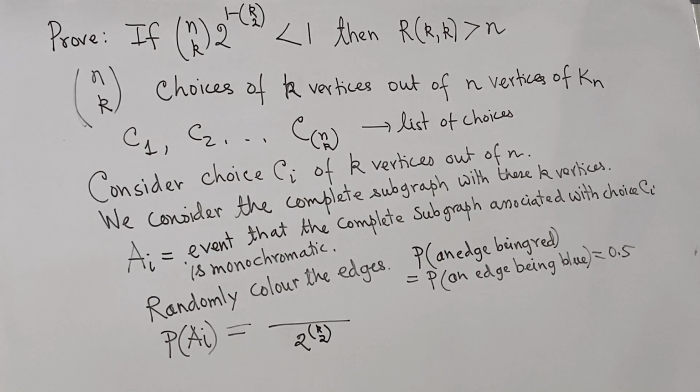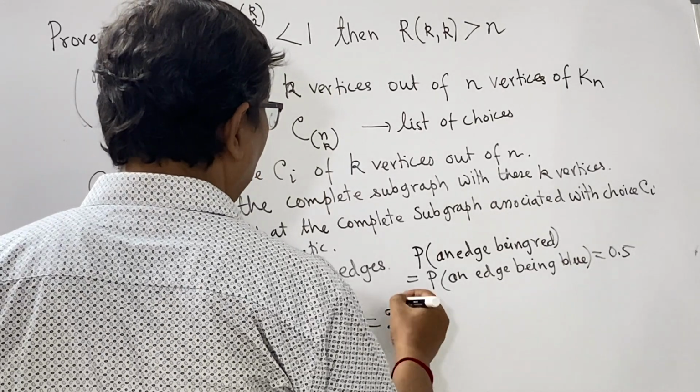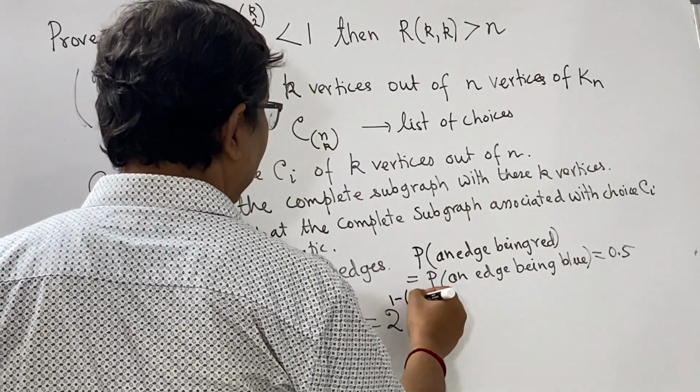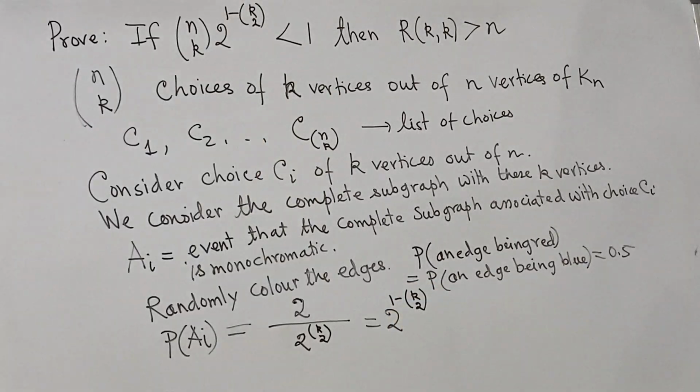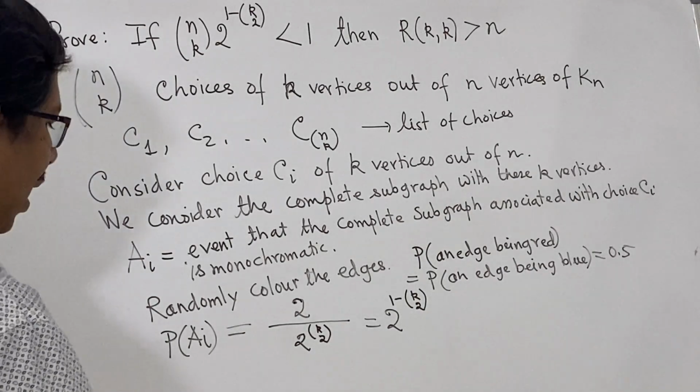That means all the edges are either red or blue, and that can be done in only two ways. So the probability of Ai is 2 to the power 1 minus kC2. And there are nCk such choices.